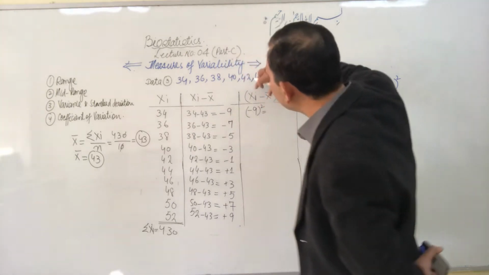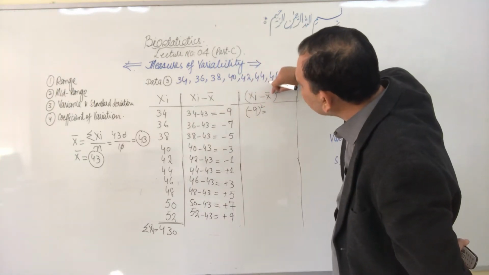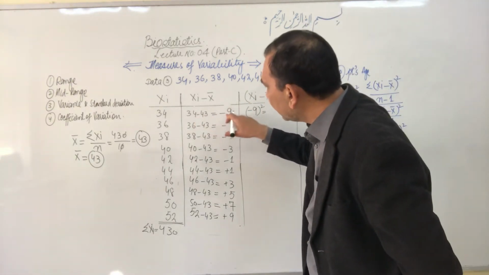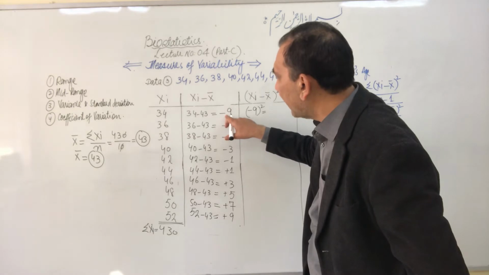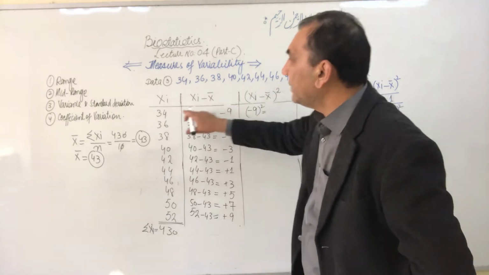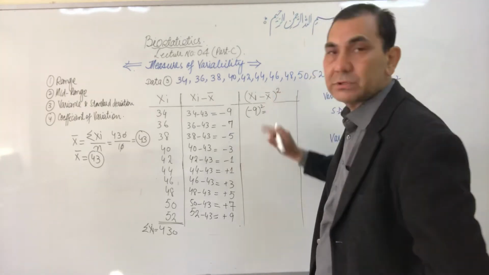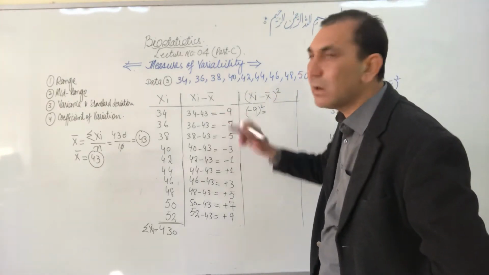The formula says xi minus x bar whole square, so we will do the whole square of each xi minus x bar.